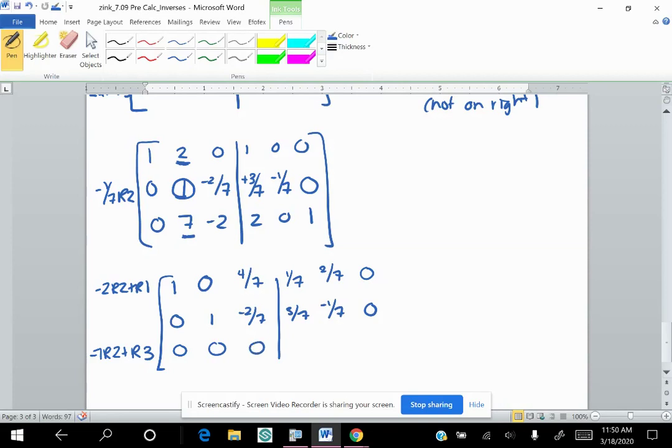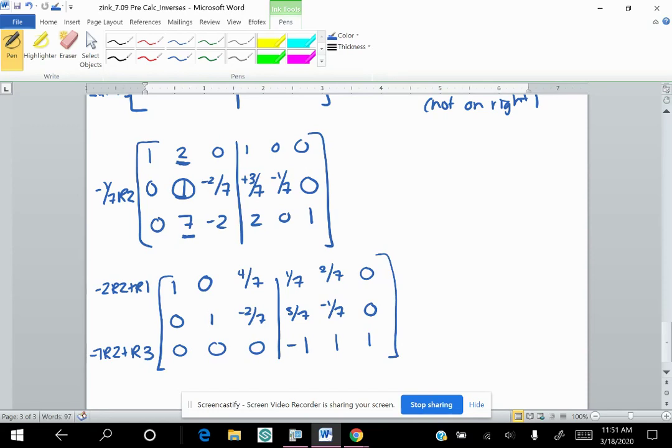Minus 2 is 0. Then we're going to have negative 7 times 3/7 would give us negative 3 plus 2 is negative 1. This one will give us positive 1, because your 7s would cancel, get positive 1 plus 0 is 1. And then 0 times negative 7 is 0 plus 1.